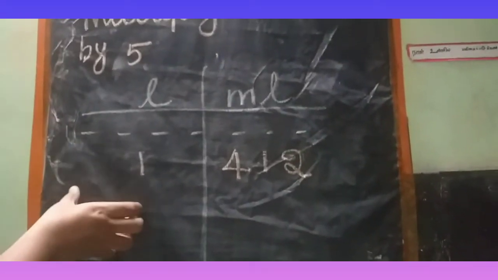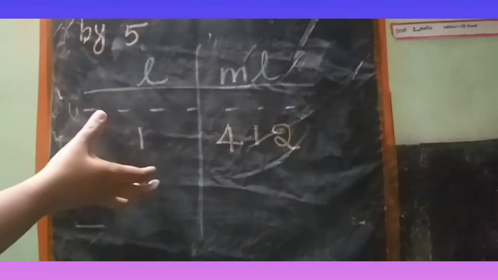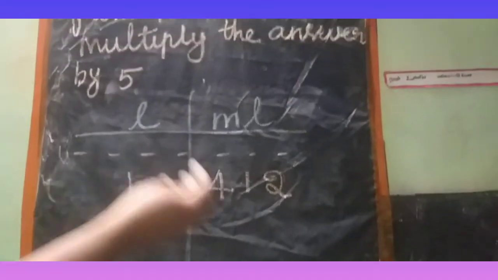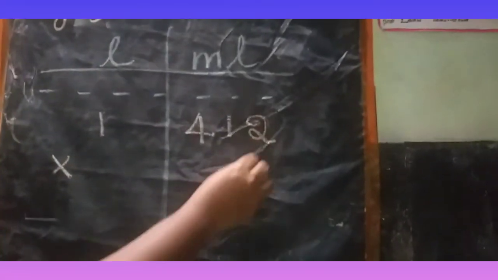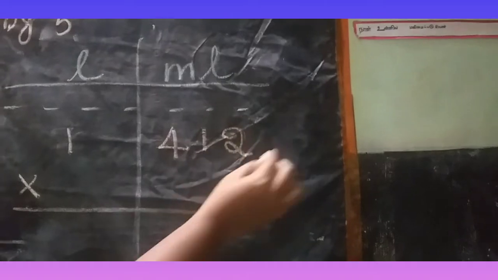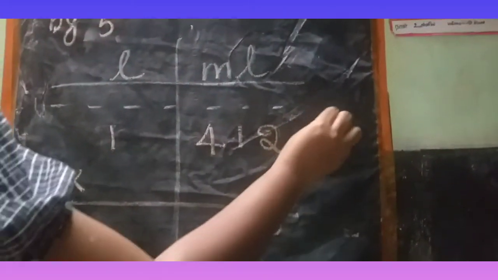What we found from the subtraction, that answer you have to multiply by 5. 5 into 2, 10. You cut 0 and circle 1.